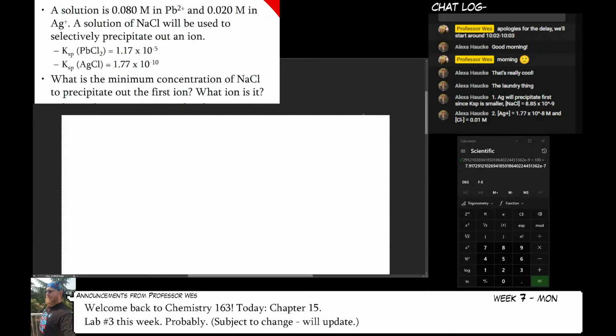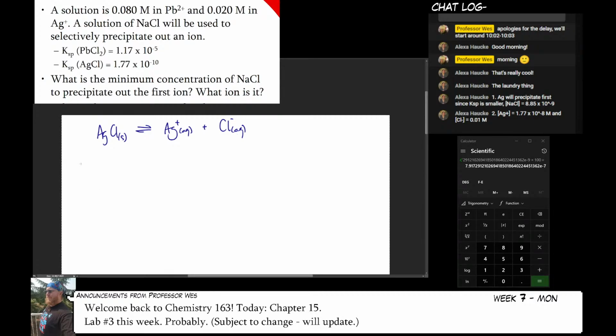All right, so which of these is going to precipitate out first? Well, it's going to be the one with the smaller KSP, right? So that's silver. So AgCl can dissociate into silver and chloride ions. And we can figure out the minimum amount of chloride that is needed to do this.